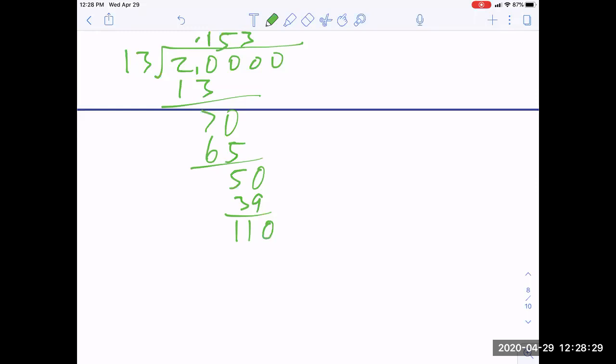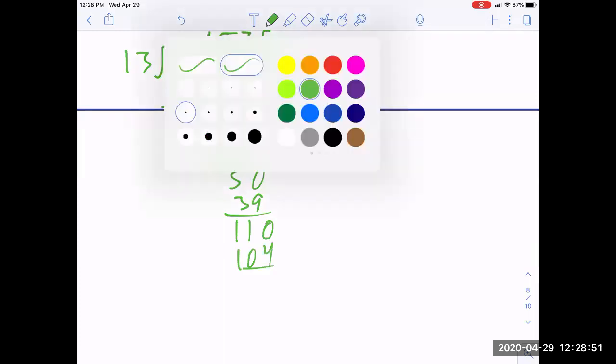Bring down a 0. Now how many 13s into 110? Well, 10 would be 130. So 9 would be 117. It's going to be 8 of those. That's 104. Oop, that's not what I wanted.